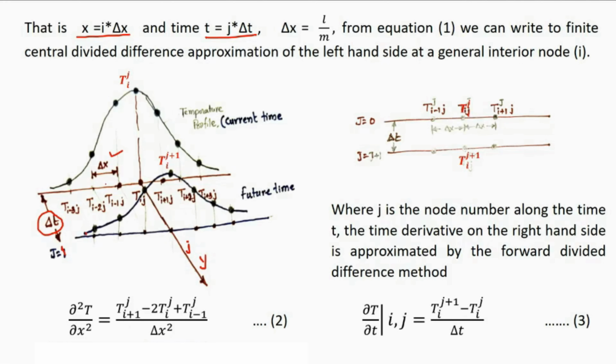So this represents the temperature profile at j equal to 0, or at time t equal to 0. And at the interval t equal to 1, this is the temperature profile.